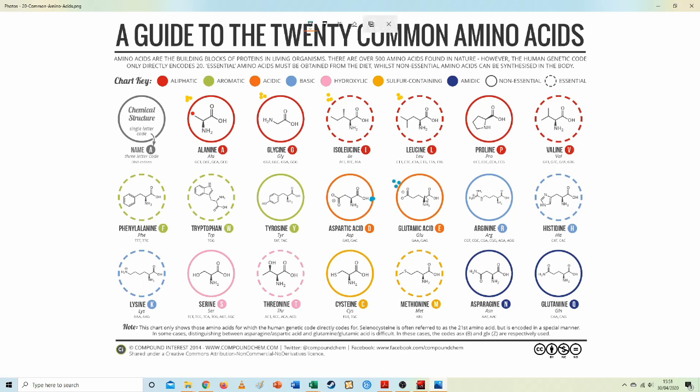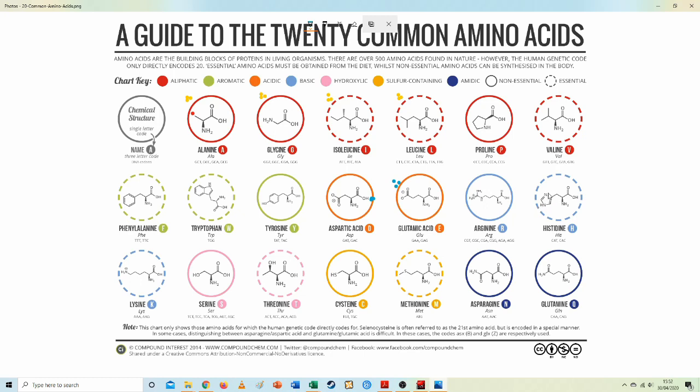Glutamic acid, just beside it, is again very hydrophilic, and it's got a negative charge as well. Now arginine and histidine, this part here has quite a lot of polarity, but it's not a formal positive charge.